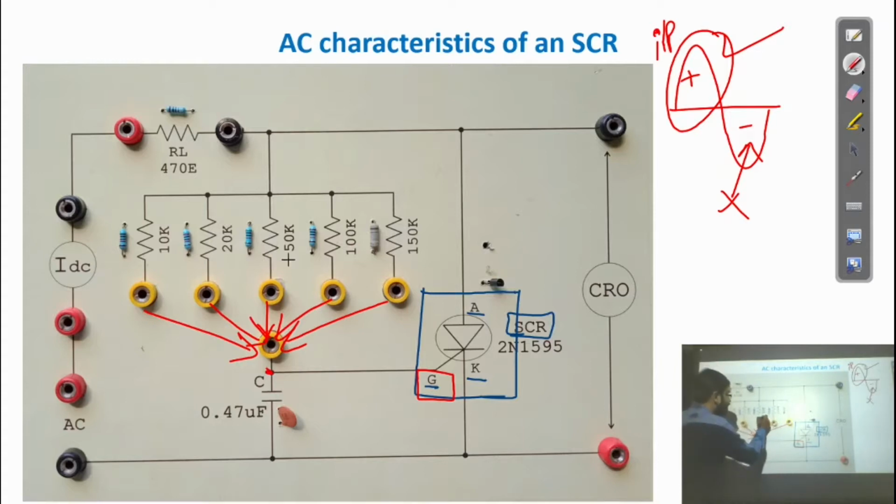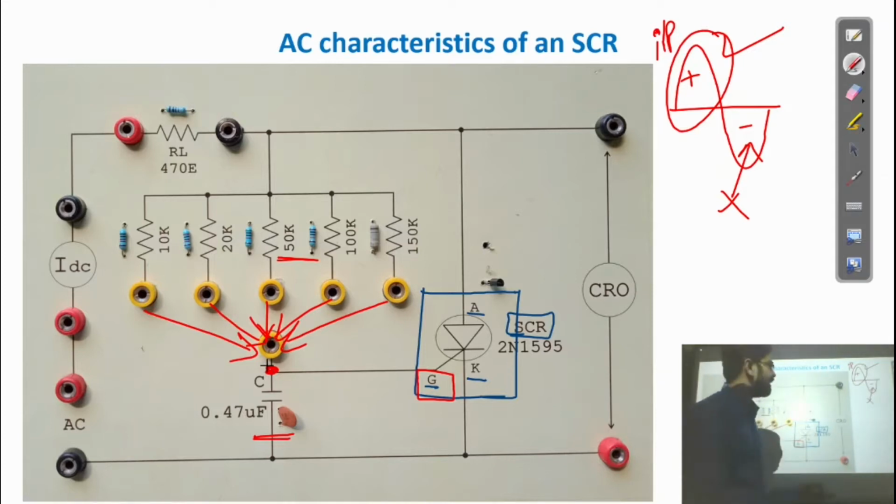This combination of resistance and capacitor will form an RC time constant. That RC time constant will take some time to charge the capacitor, and that charging of the capacitor will generate a potential that will fire the SCR.